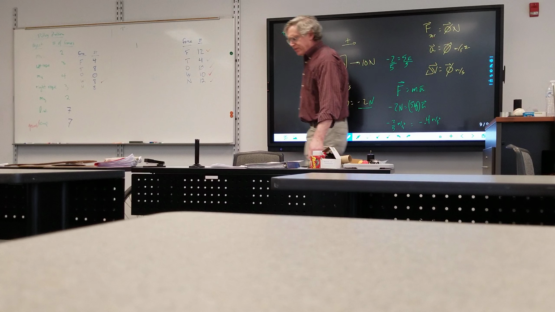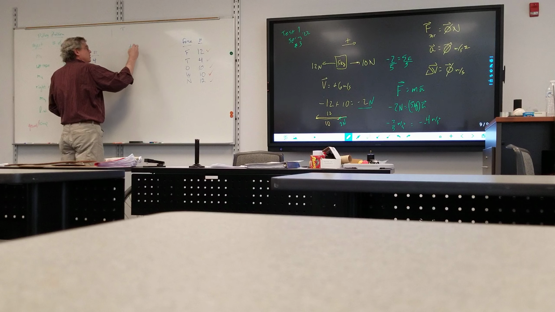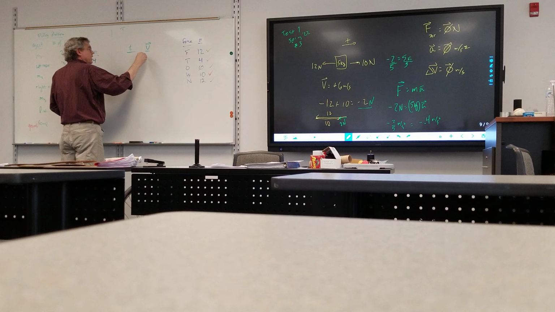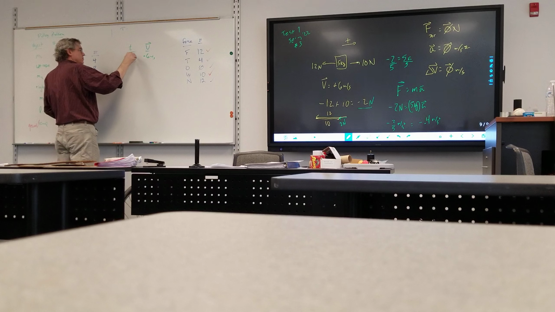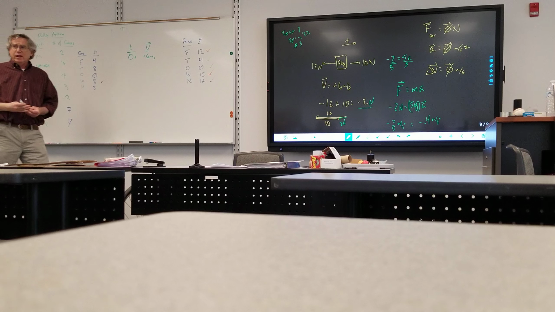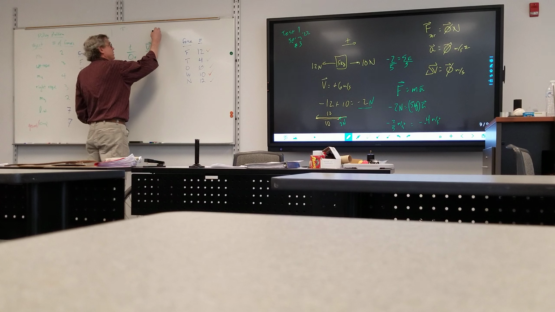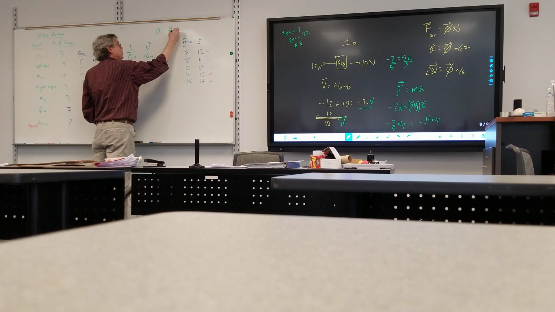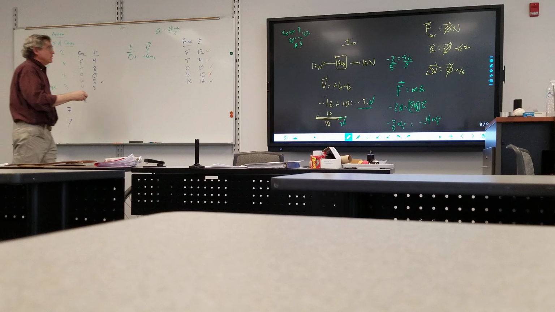So, looking at this from another point of view, if I had a time and then velocity, so that was +6 meters per second at time 0. I know that the acceleration is -0.4 meters per second squared, which means my velocity is going to change by -0.4 meters per second each second.